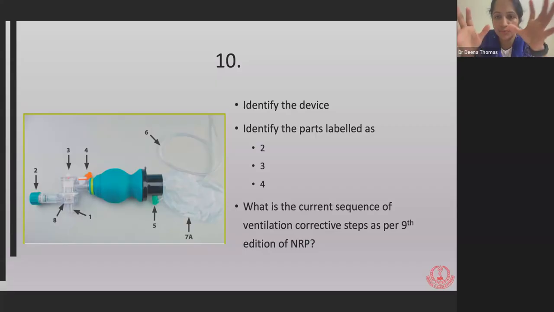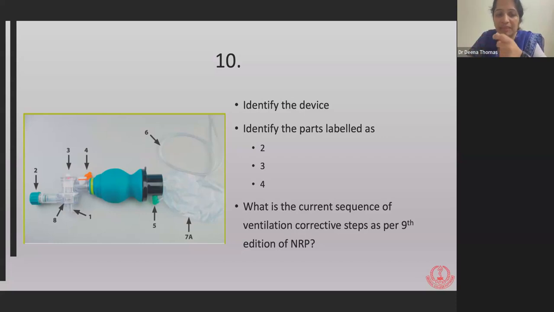It is not present in most of the units on the self-inflating bag. This diagram I have taken from the NRP booklet. So everybody should be aware this can be given as a diagram. If the equipment is there and the unit has a manometer and a PEEP valve, they will definitely give it to you. So 2 is the PEEP valve. We normally cannot give PEEP via a self-inflating bag.